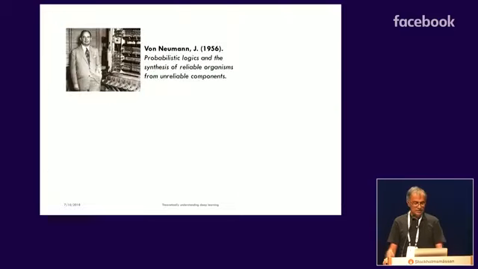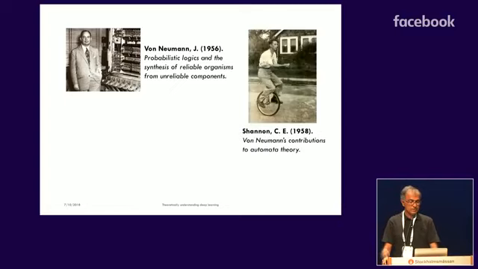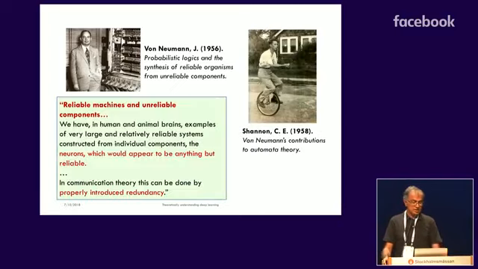And this may remind you of noise-stable computation. For instance, von Neumann, who was at Princeton and the Institute for Advanced Study, where I'm now, was very interested in this because his logical components were vacuum tubes, which failed all the time. Claude Shannon, in his essay about von Neumann, says that one of his main contributions was reliable machines.